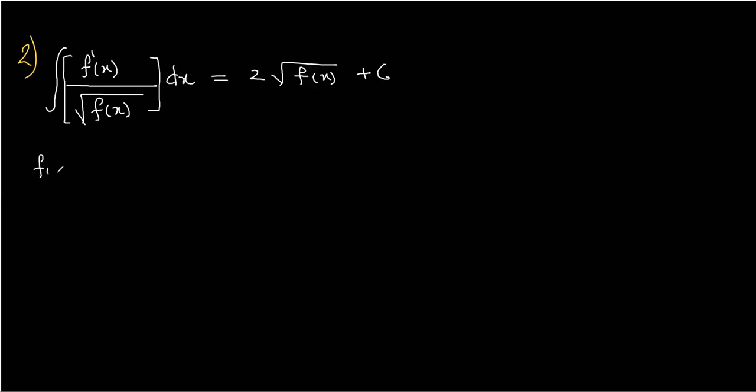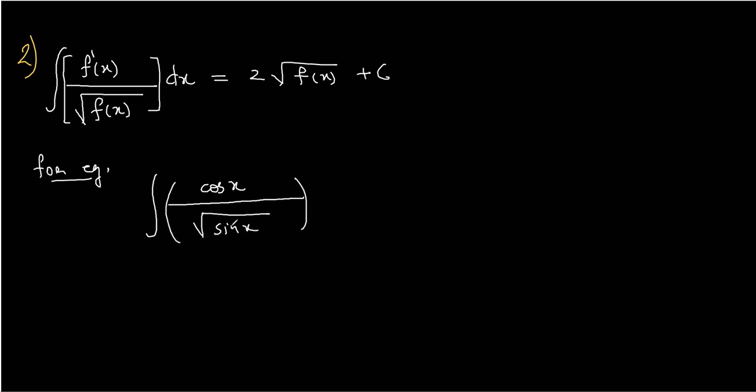I write an example for this. Suppose I have cos of x upon root of sin x. What do you notice? The denominator is square root of sin x. Inside the root you got sin x, and the numerator is the derivative of sin x.